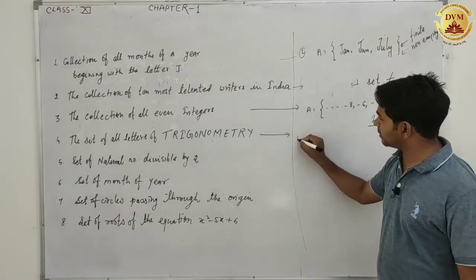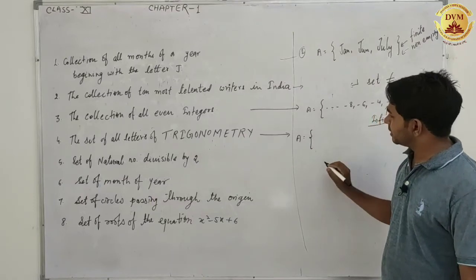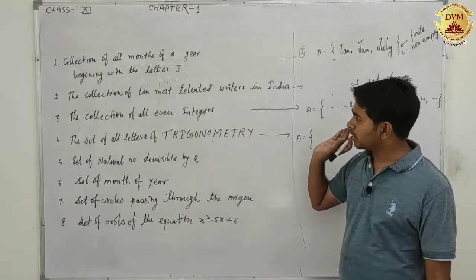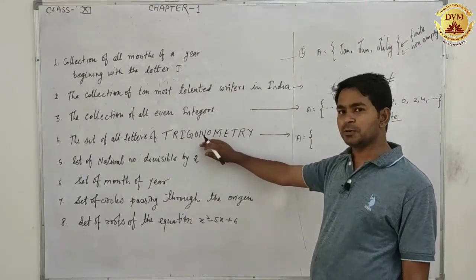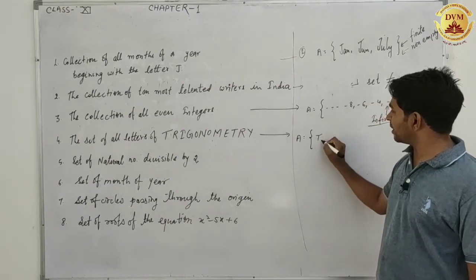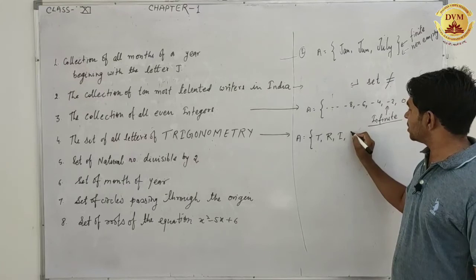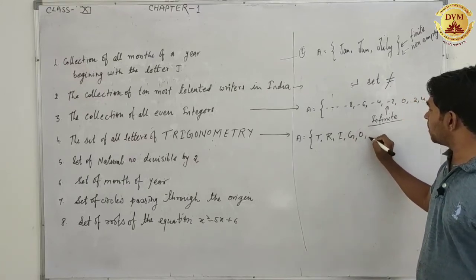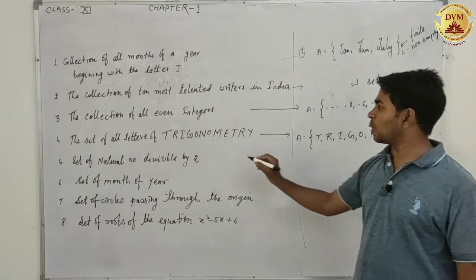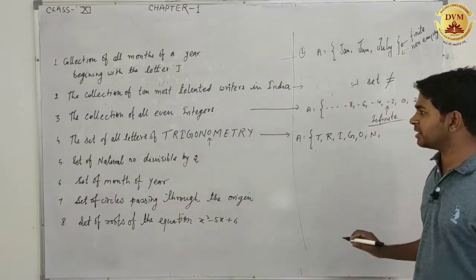Okay, next is the set of all letters of trigonometry. Firstly we have to create the set, and no repeating element will be used in this set. So trigonometry: T, R, I, G, O, N, and O is repeating, so we will not consider it here.